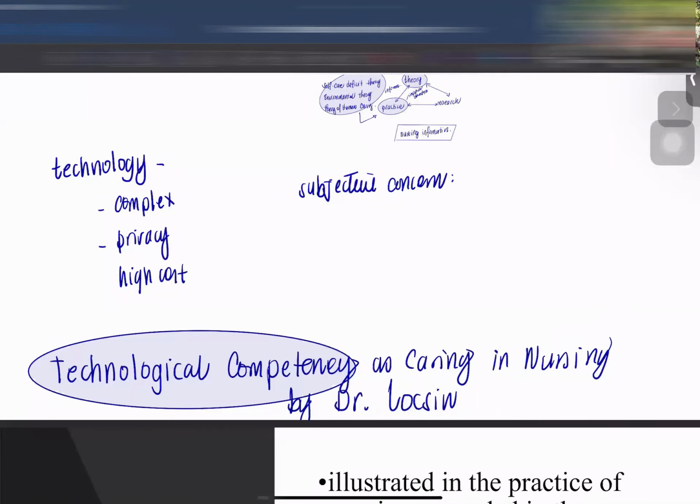Anong kadalasang sinasabi ng mga patients when nurses, for example, would enter the room and touch the equipment, and when you go to the nurses station, you would see nurses touching the computer. When you go at the bedside, they are touching the electrical things there, the technological advancements there.